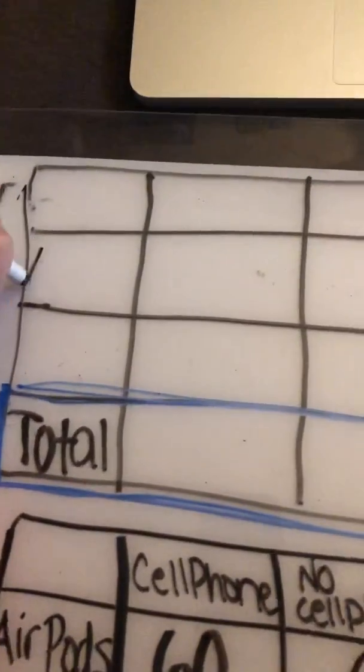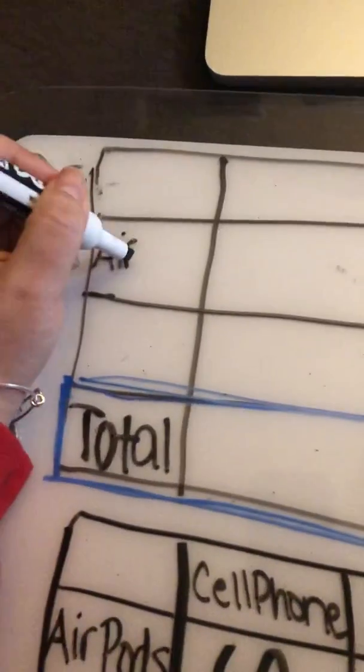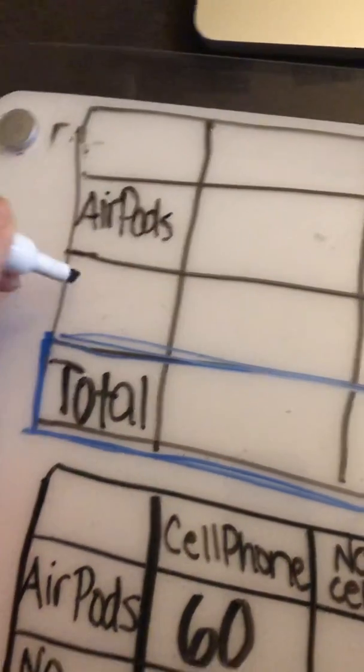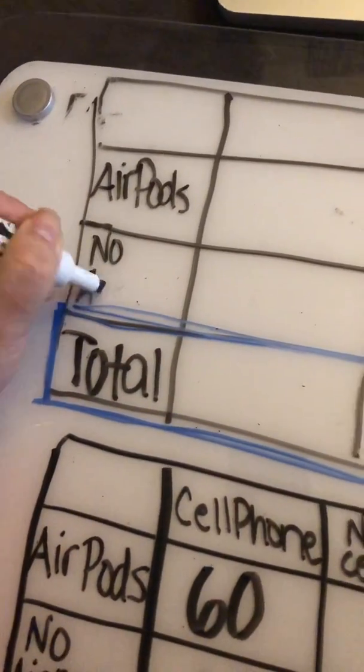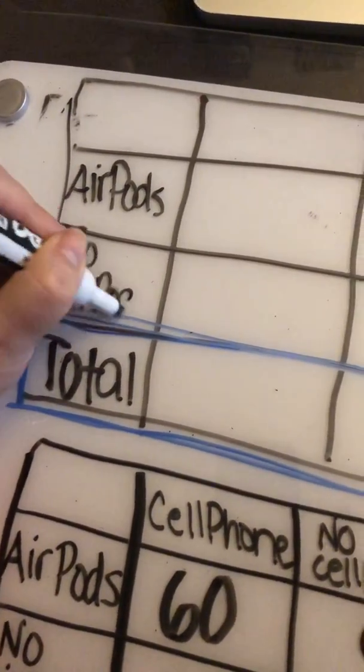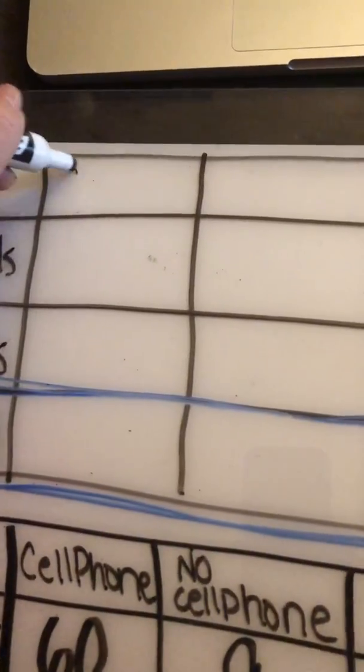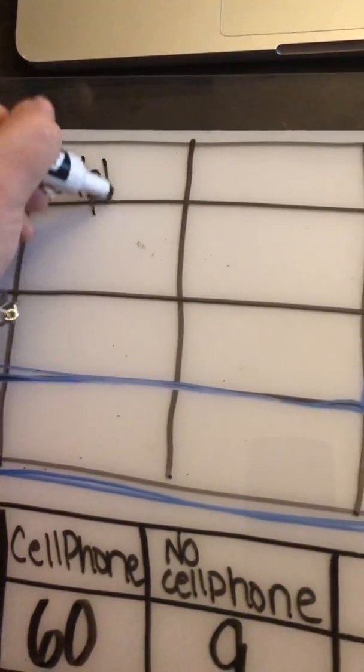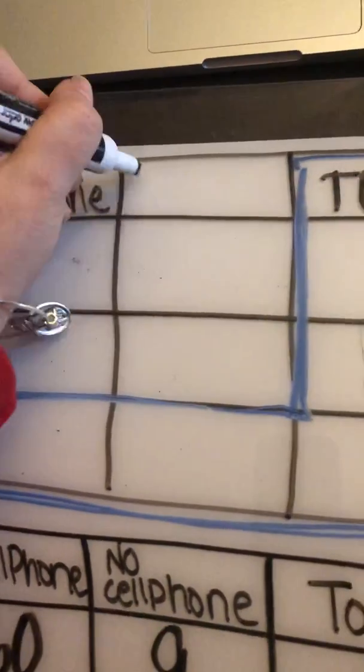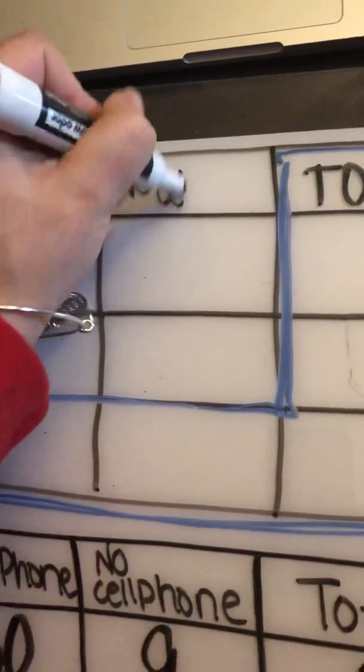And now I'm going to go back and fill in our categories. So we have AirPods, no AirPods, we have cell phone, and no cell phone.